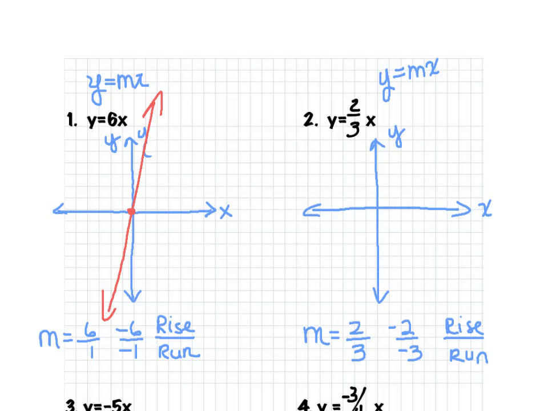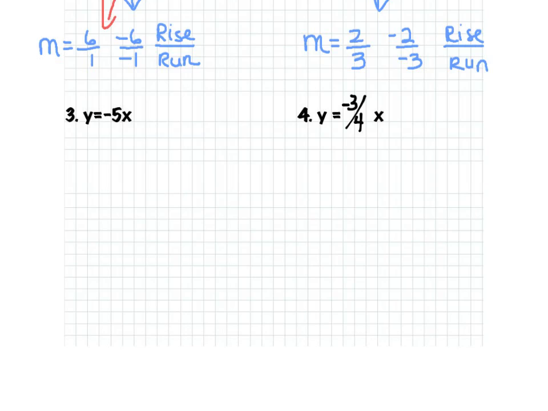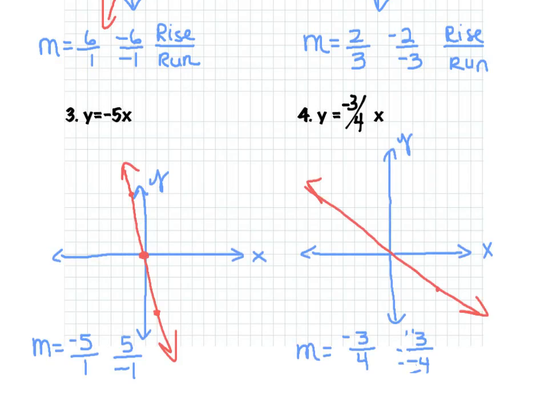And I have a point there. And then I go ahead and graph my equation. Okay, take a moment to do numbers 3 and 4 on your own. Pause the video now. Okay, check your graphs. Make sure that you graphed your equations accurately.